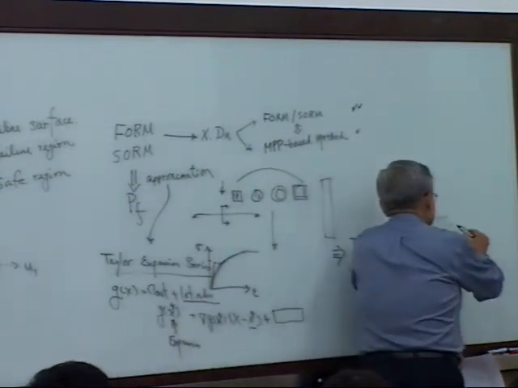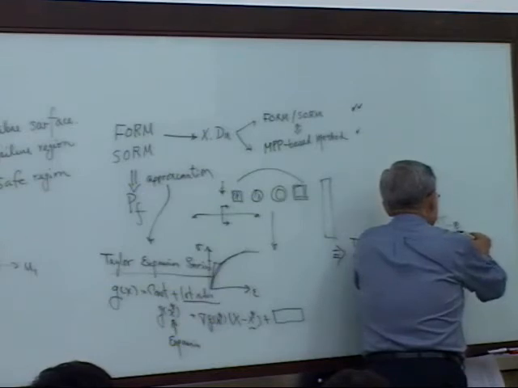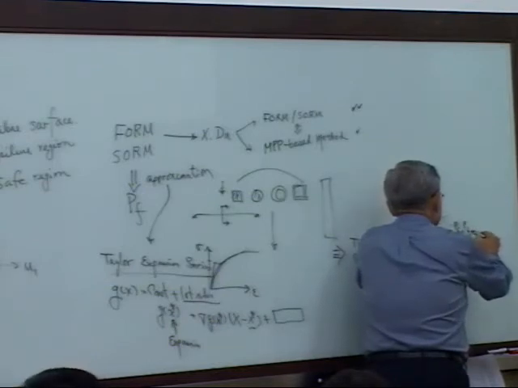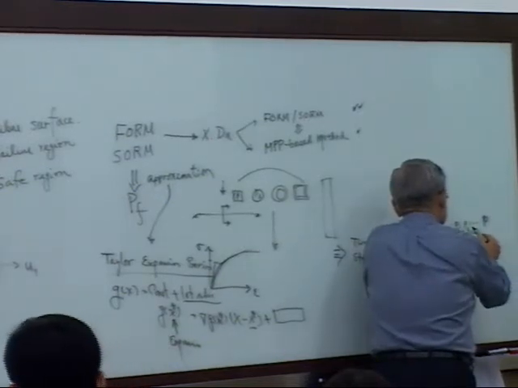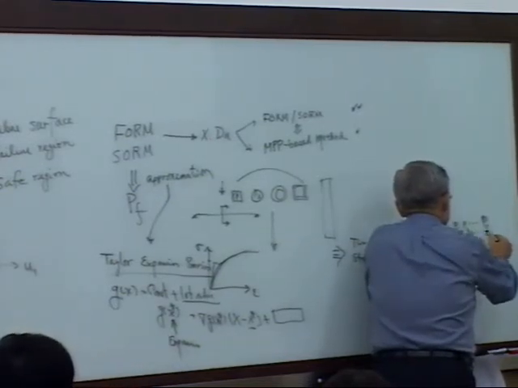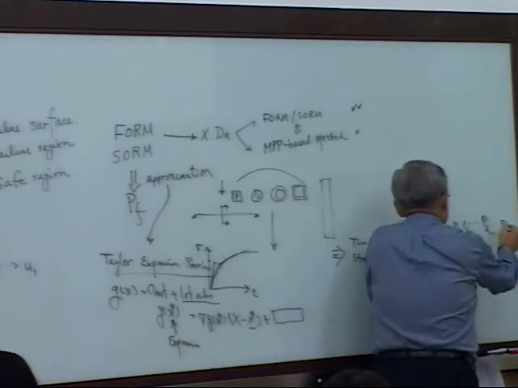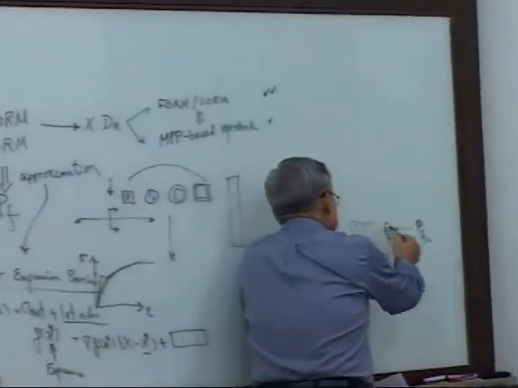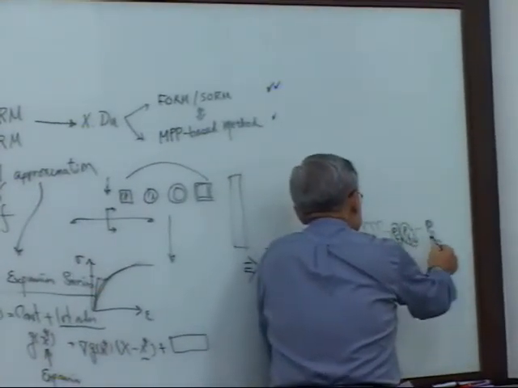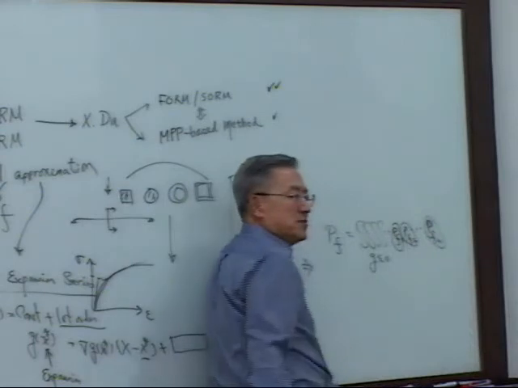So I can say PF1, PF2, up to, let's use PF1 for the time being. Eventually this is independent, this is independent, all independent.